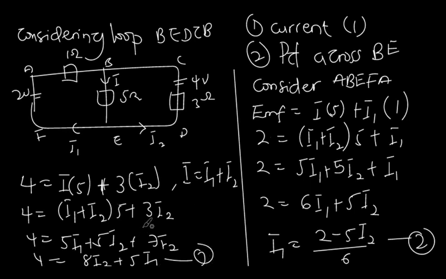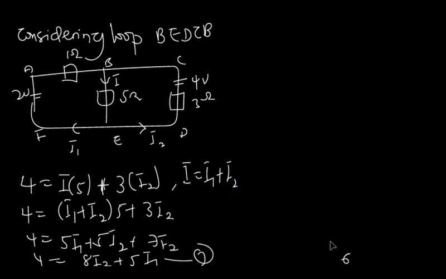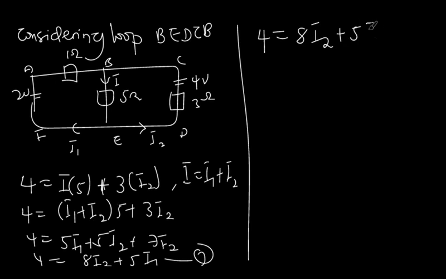Okay, so if we have equation 1 and equation 2 written down somewhere, let's now go ahead and input the value of I1, which is equation 2, into equation 3 and see what we will get for our current. So let me get rid of everything over here, including equation 2. So this is 8I2 plus 5I1.